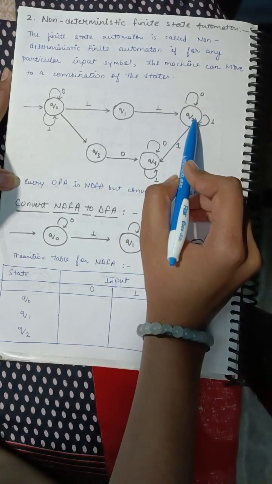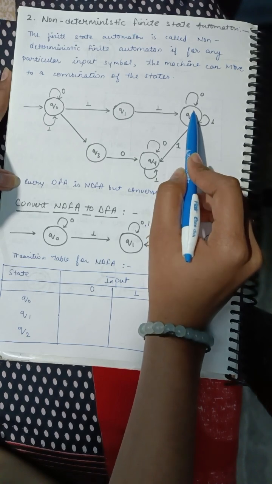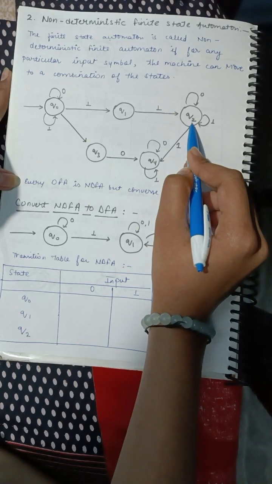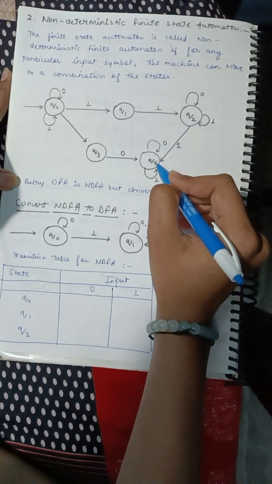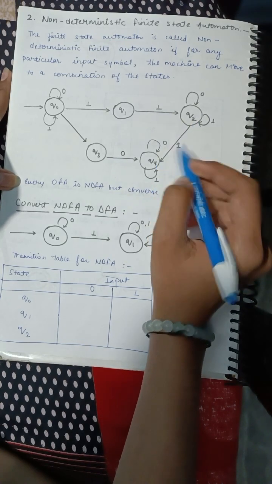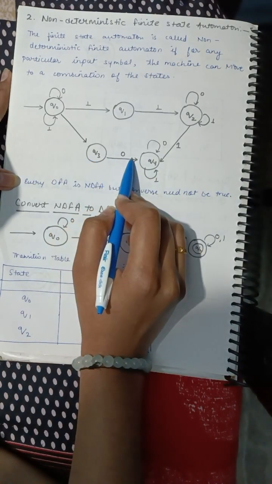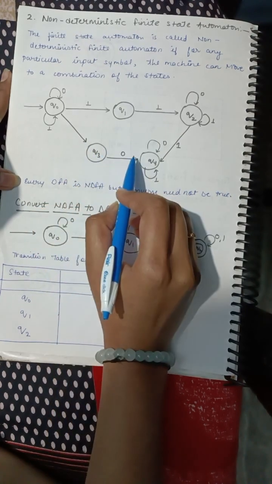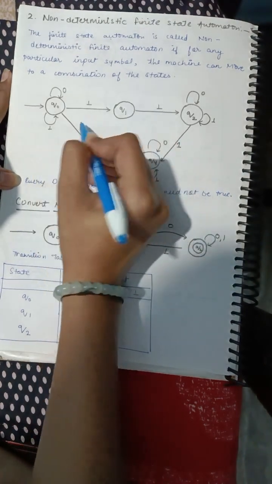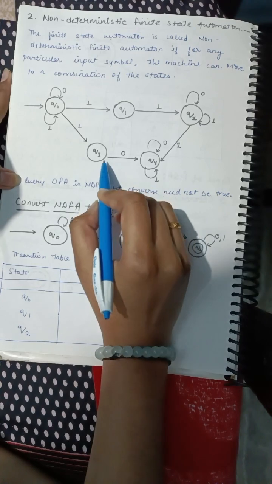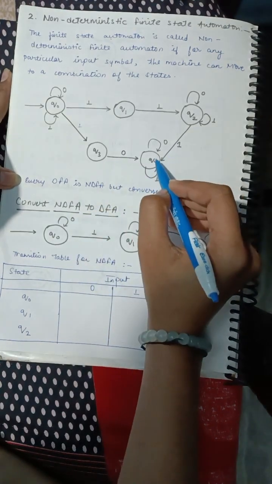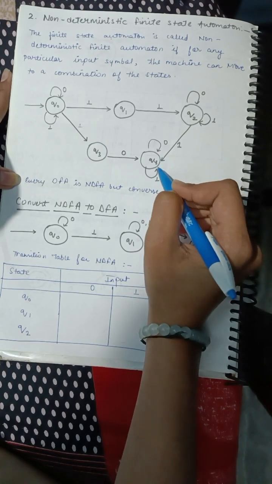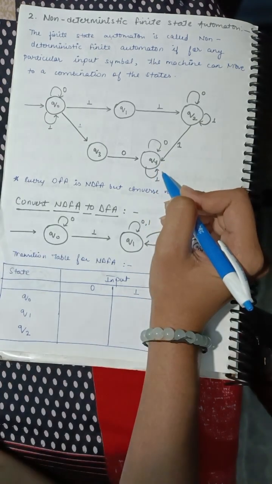For q2, at 0 the value is q2 itself, and at 1 the value is q2 itself and also q4. For q3, at 0 it is q4, and for here I think it will be 1. And for q4, the value at input 0 is q4 itself, and at 1 is q4 itself.